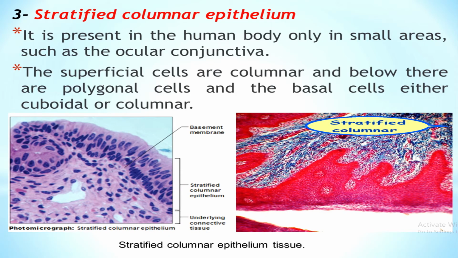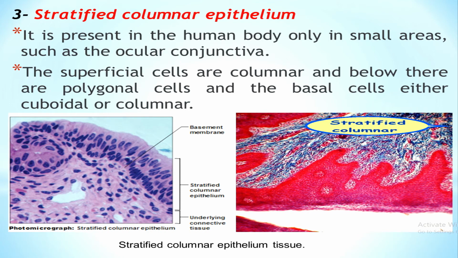The third one, the stratified columnar epithelium, is present in the human body only in small areas, such as the ocular conjunctiva. The superficial cells are columnar, and below there are polygonal cells, and the basal cells are either cuboidal or columnar.